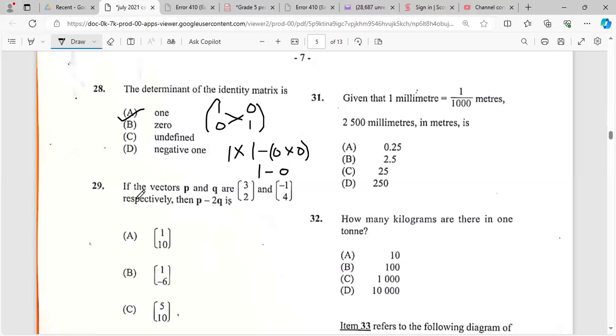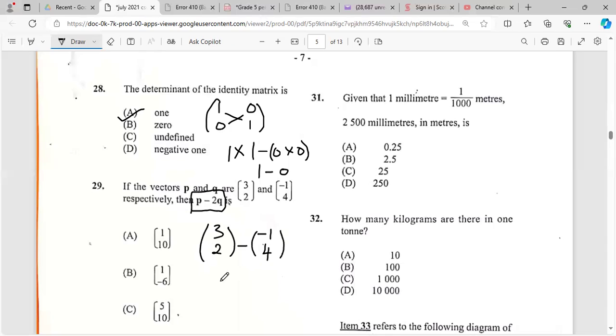All right, so if the vectors P and Q are 3, 2 and negative 1, 4 respectively, then P minus 2Q. And guys, please look at the order very carefully. Sometimes they will twist it and put Q at the front or whatever. So P is 3, 2, so let's put it in order: 3, 2 minus negative 1, 4.